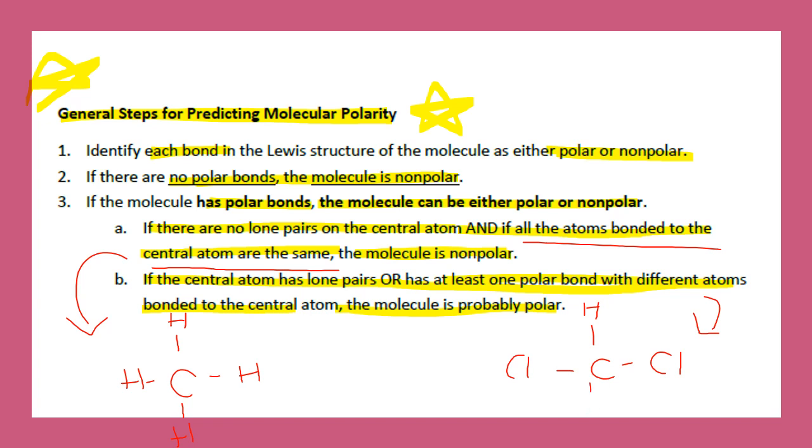Or that could even be a hydrogen down there. It doesn't really matter, but the carbon's bonded to hydrogen and it's bonded to chlorine. So that would be an example of a polar molecule, while this CH4 over here would be nonpolar. So these steps are extremely important, and this is how we're going to figure out what molecules are.